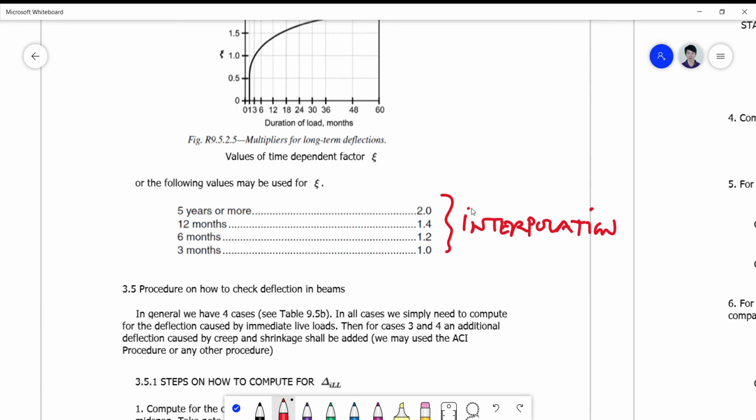Okay, so you can interpolate if it is between 5 to 12 months, so it will be between 1.4 to 2. You just make use of a ratio and proportion to deal with it.